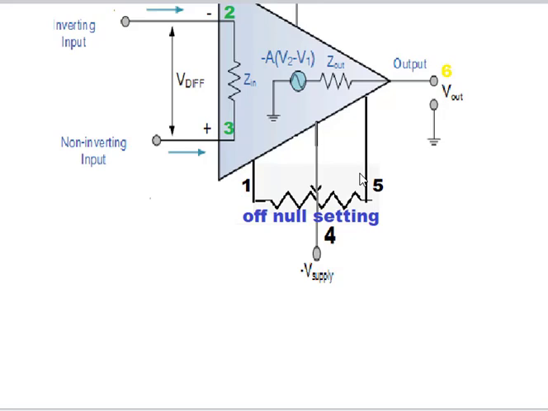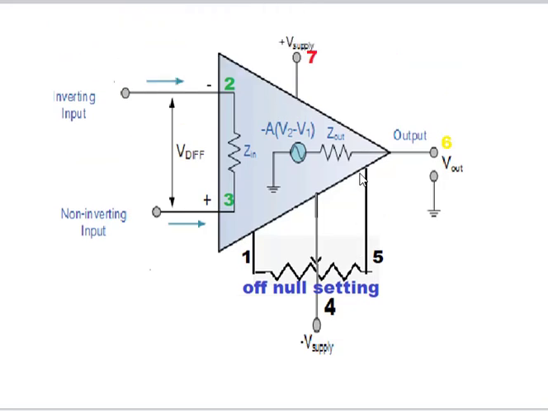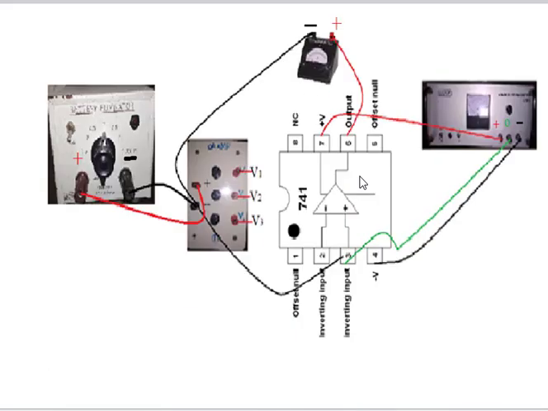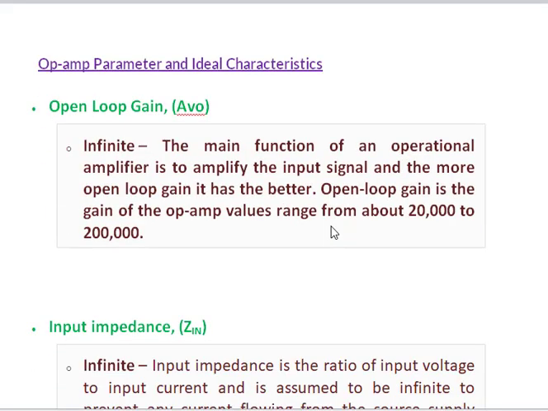what is offset voltage, how the offset voltage is minimized, how the operational amplifier IC is connected using a dual external power supply, how the input voltage is given and varied, and how its output voltage is measured.